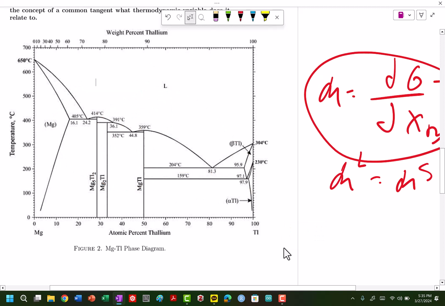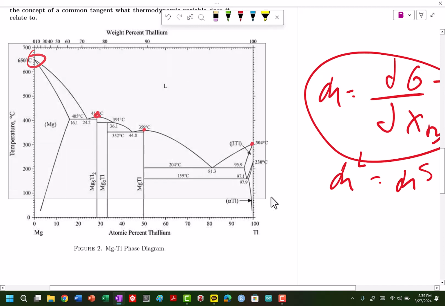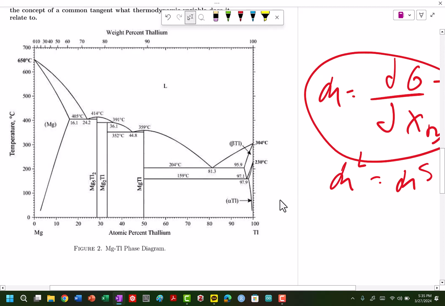Where are our congruent melting points? Here. Right here at 414. I'm going to probably do it with a little dot. Here's another congruent melting point, and here's our final congruent melting point. So there we go. And then finally, eutectics, circle here, here.